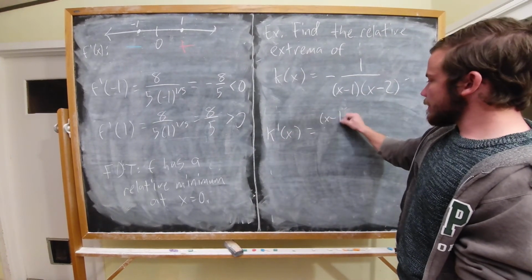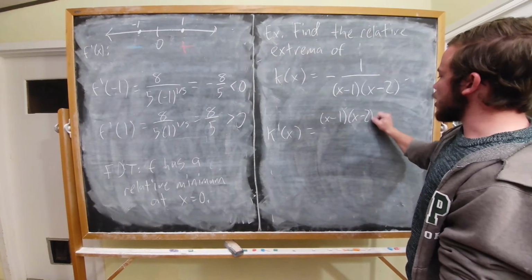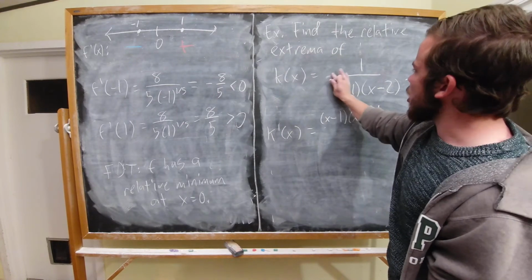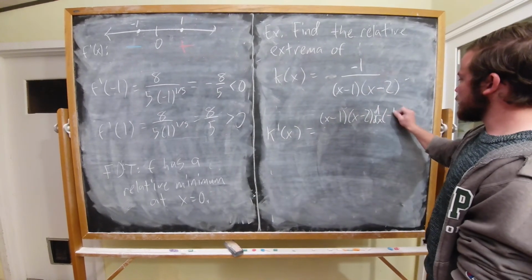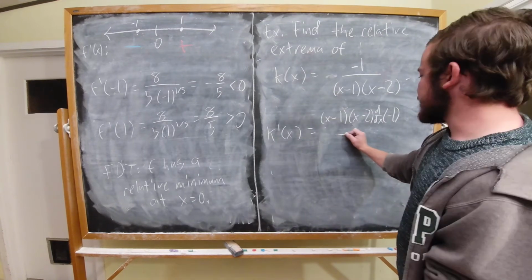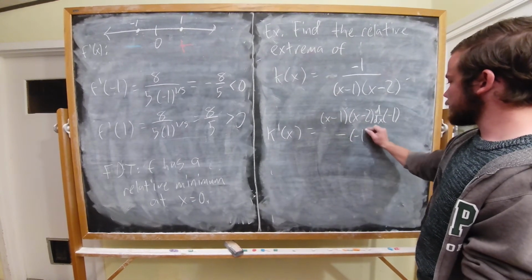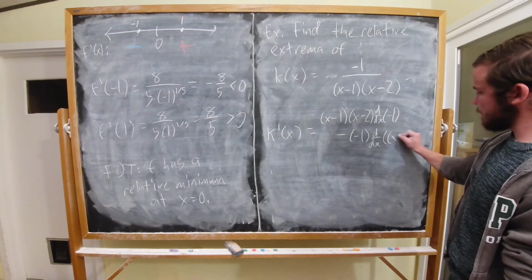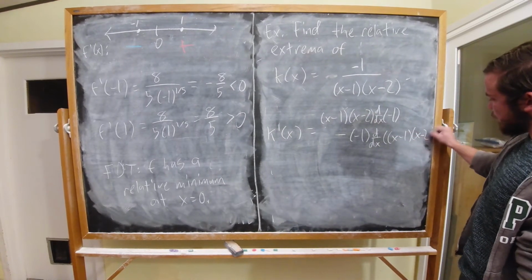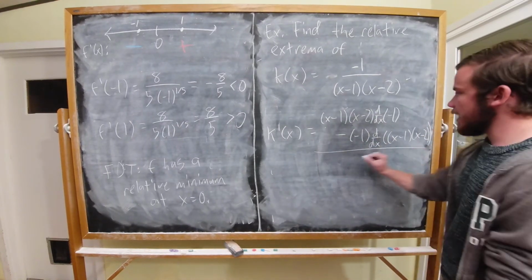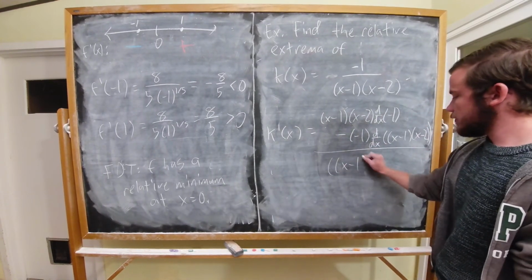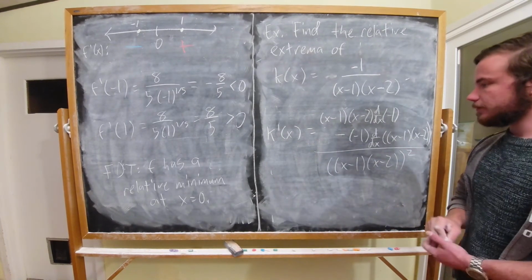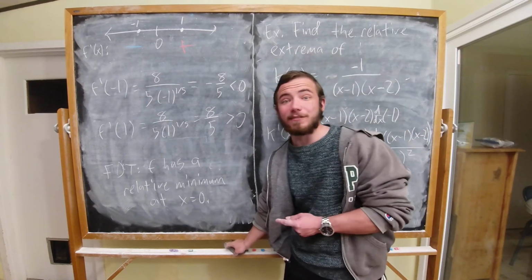Bottom times the derivative of the top, which will make the top -1 for the sake of convenience, minus the top times the derivative of the bottom. All divided by the bottom squared. Alright, let's move over here to finish computing that derivative.